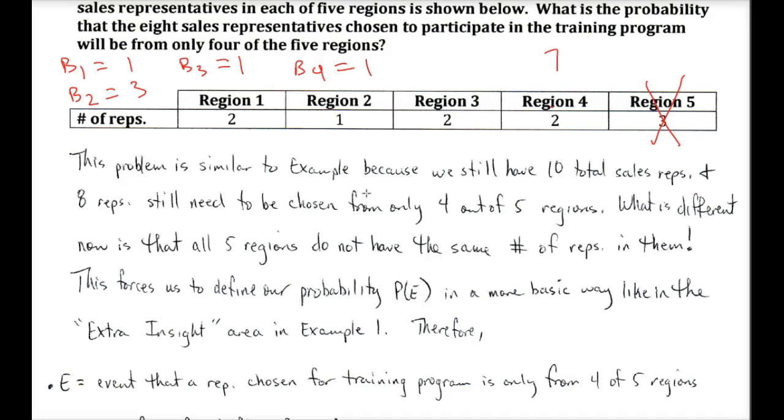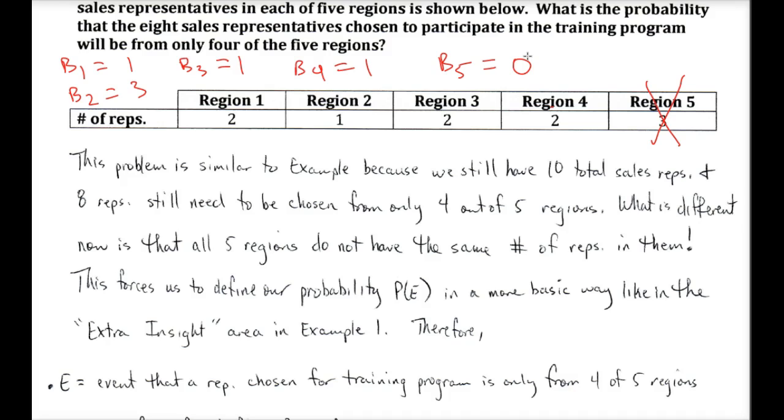So since we need 8 representatives and if we exclude region 5 we only have 7, there is no way that we're going to send 8 people to this particular training program without picking someone from region 5. It's impossible to do. So if we omit region 5, there's 0 chance, or no way, that that's going to happen.